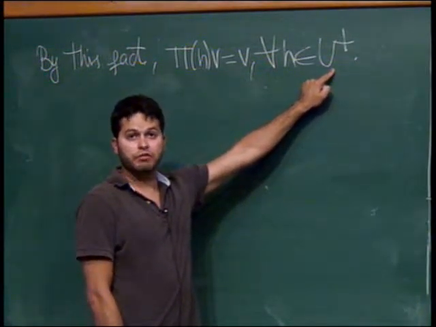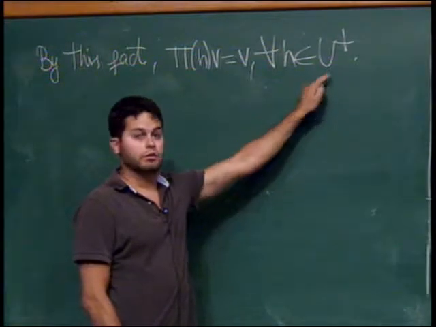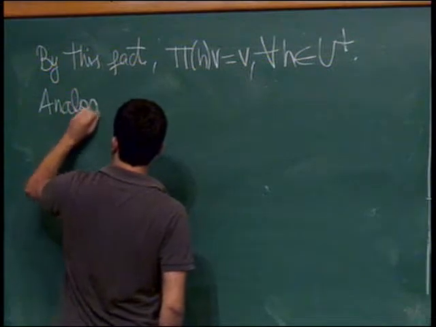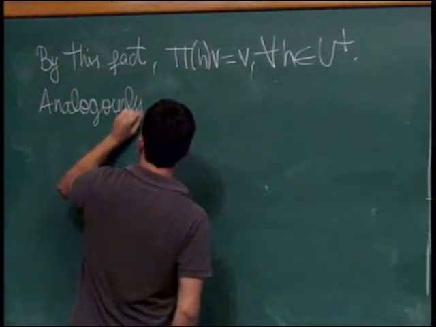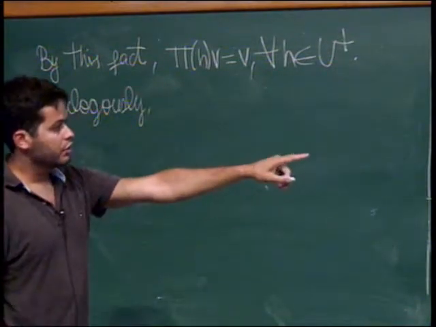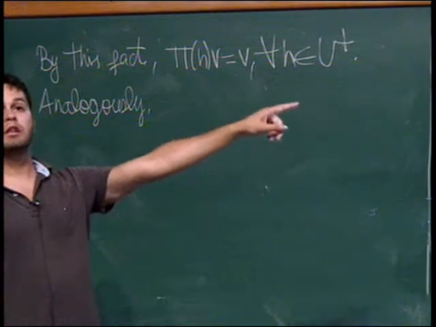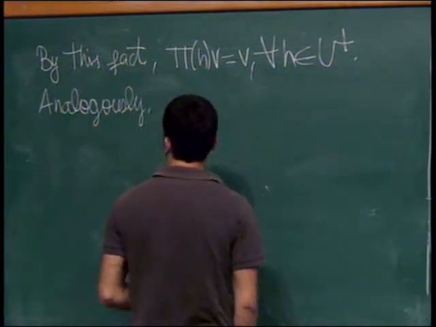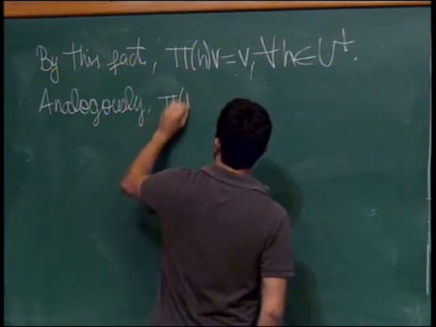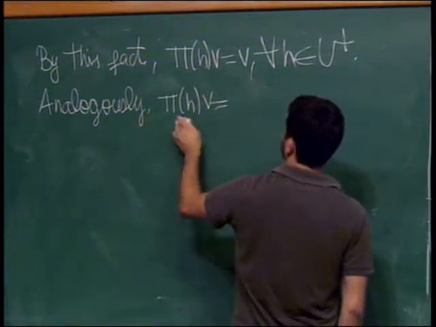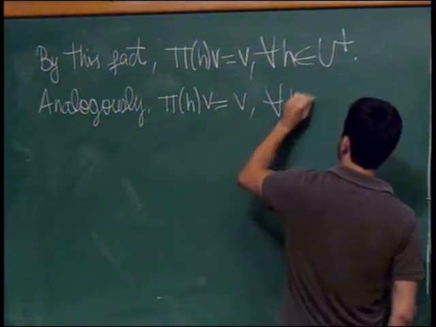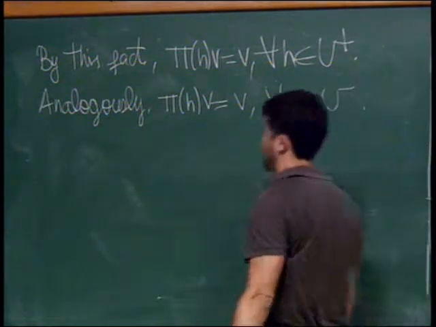But U plus is no different from U minus, so we can conclude analogously, just changing G to the minus n to G to the n there. We exchange the order of the G's. Analogously, we show that pi of H of V is equal to V for every H in U minus.